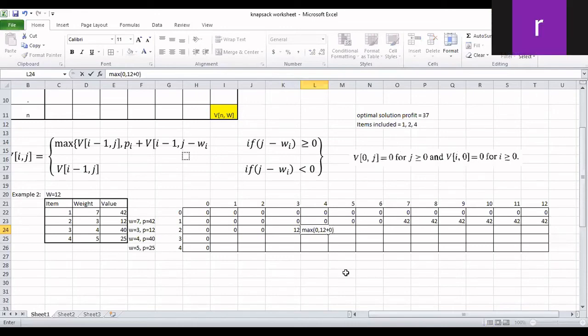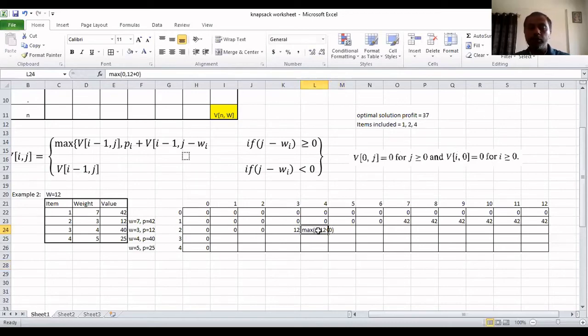Therefore we have contention between 0 and 12, and the maximum becomes 12. Logically, the previous item's weight is 7, and when capacity is 4, that item cannot be placed in the knapsack, so the knapsack remains empty.